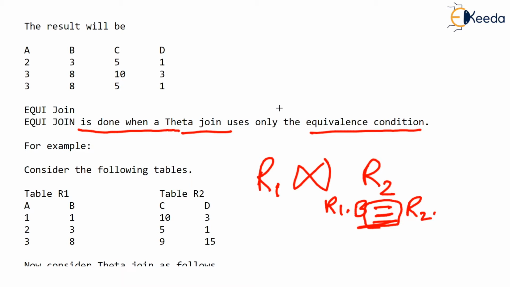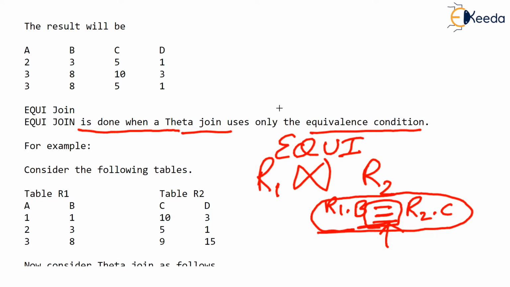That means when you are comparing the attributes, columns of the two tables using the equal to operator, then the type of join is called equijoin. So it's just a special case. What that means is that theta join is called equijoin if the comparison operator is equal to operator.